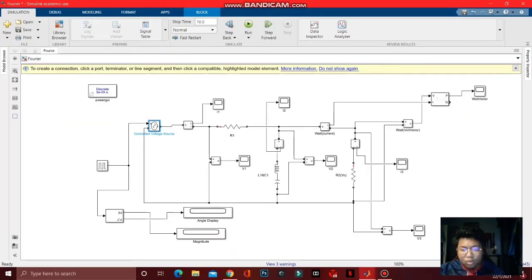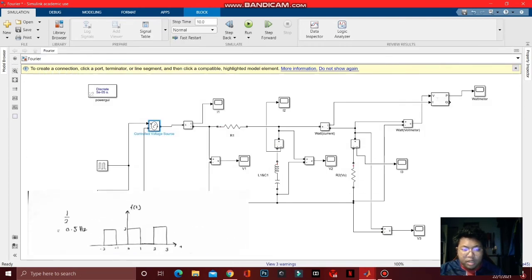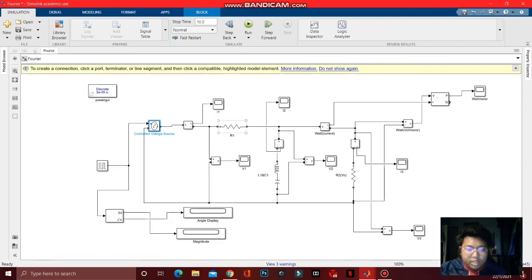For the circuit, we use the circuit that we sketched before, which is this. And for the signal processing, we use the V(t) that we get from the manual calculation. Then we look at the circuit. For the circuit, we have the control voltage source, which will give the power supply for the pulse signal. Then we have R1, L1 and C1, and R2 that has VO.